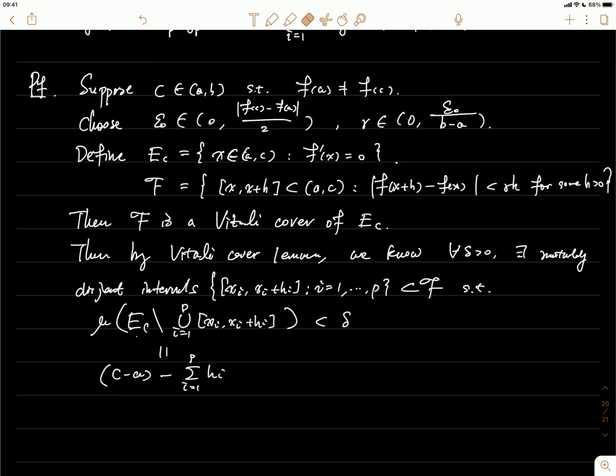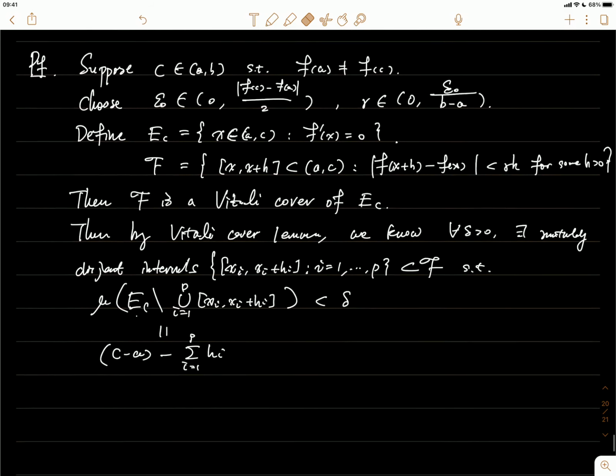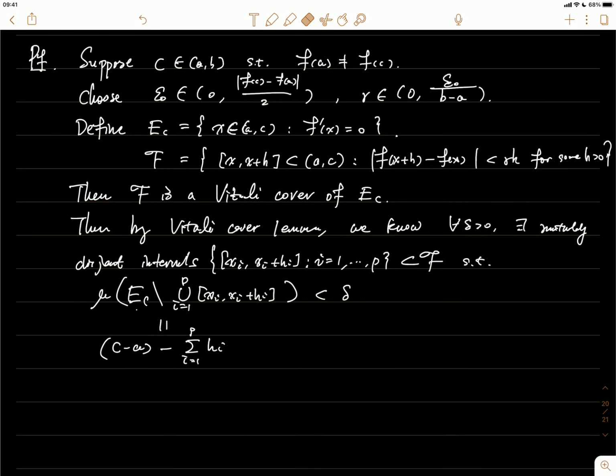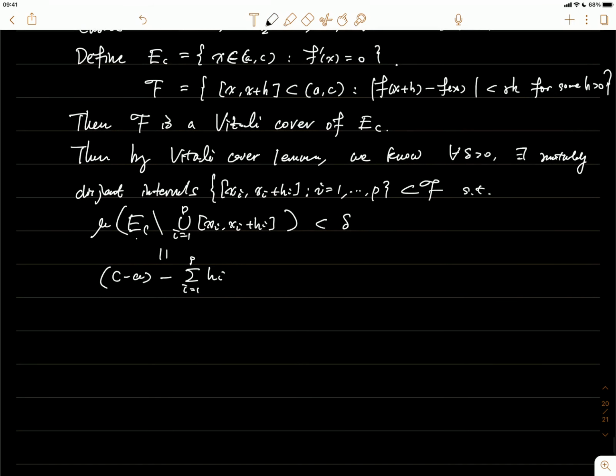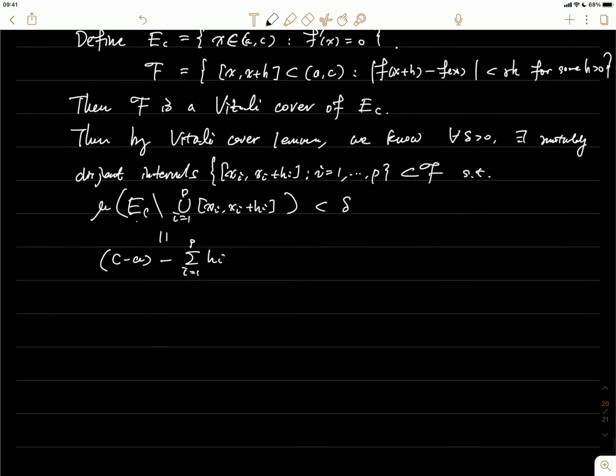We just know that this is less than delta. Now let's say we choose the delta to be, we decide what the delta is later. Let's first keep this in mind, and then we will consider.